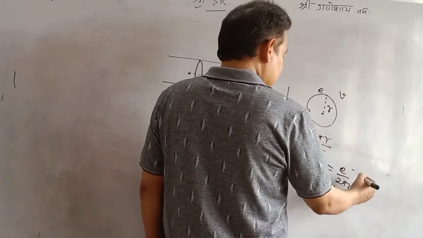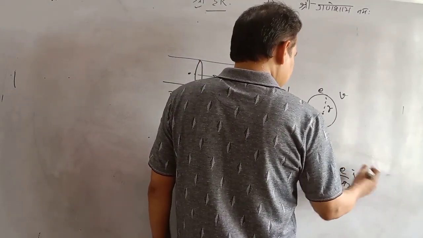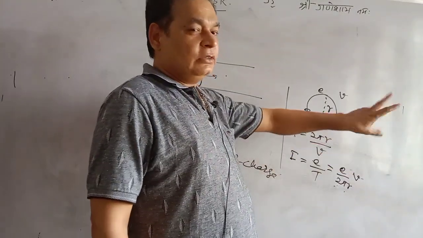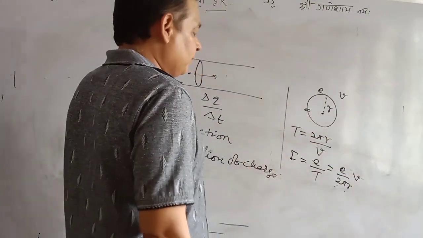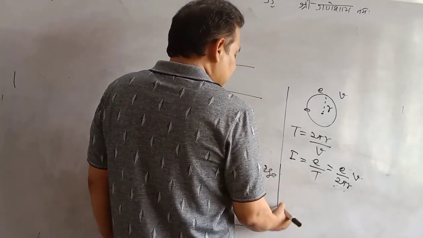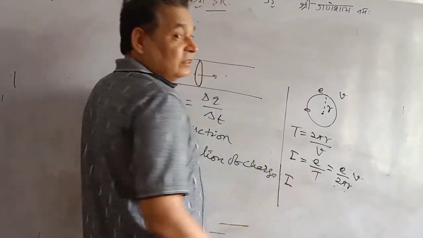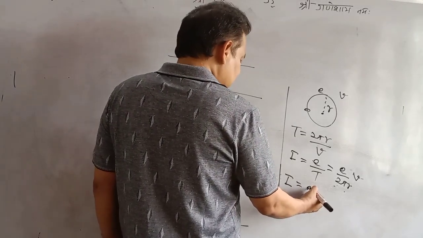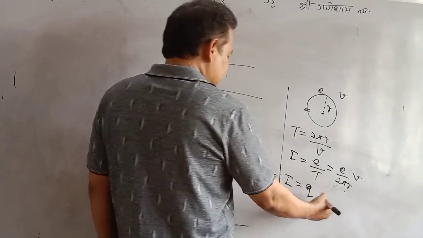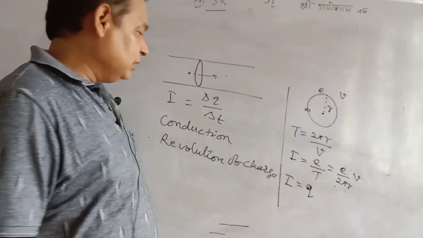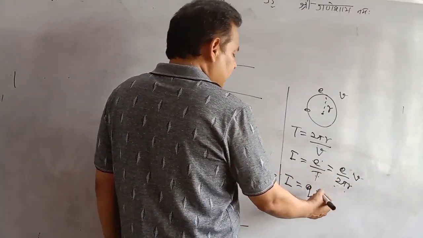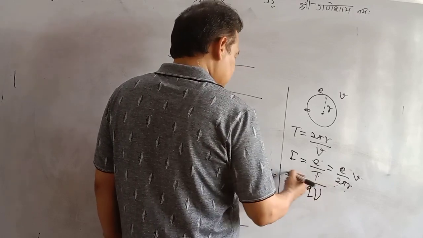T equals 2 pi r upon v, where v is the speed of this electron in this orbit of radius r. We can write this current due to revolution of charge as I equals charge e, or for making a generalization, Q, times 1 by time period, which is frequency nu.